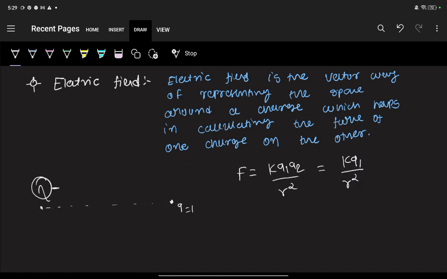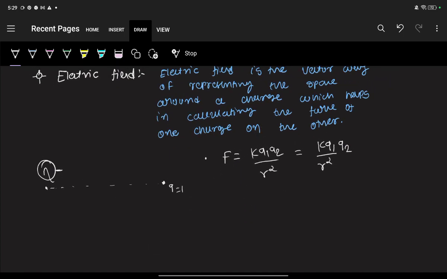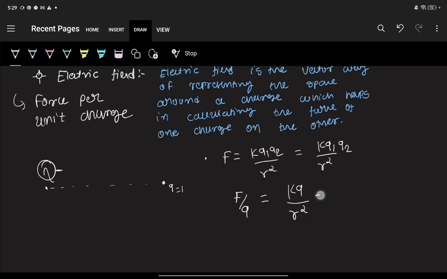But the definition is electric field is force per unit charge, or force on a unit charge. That means F by q is our electric field. So this is the formula for the electric field.